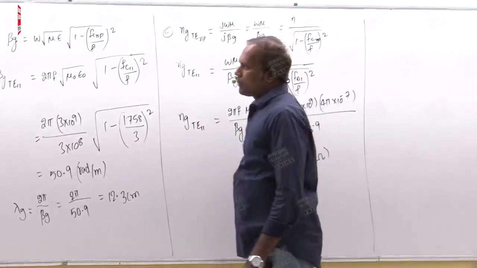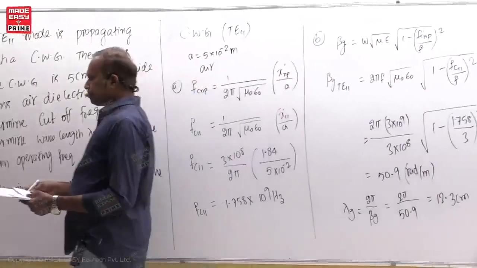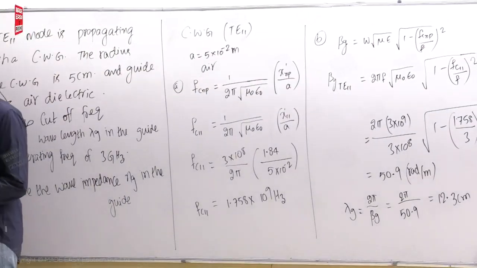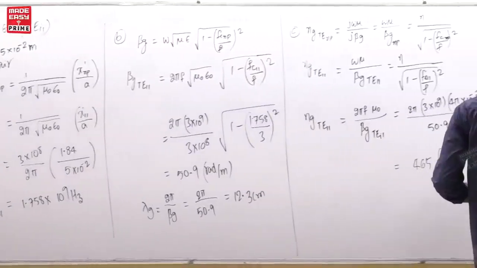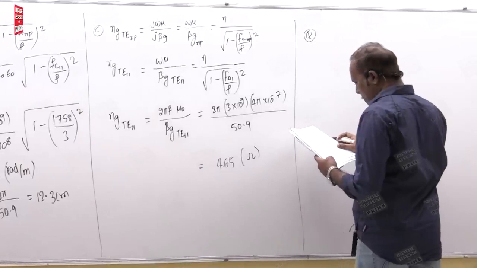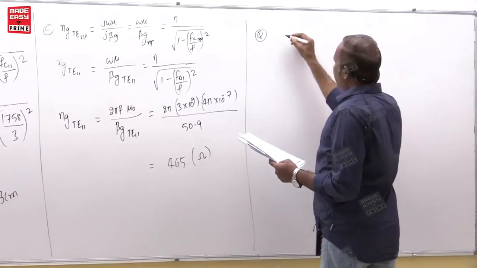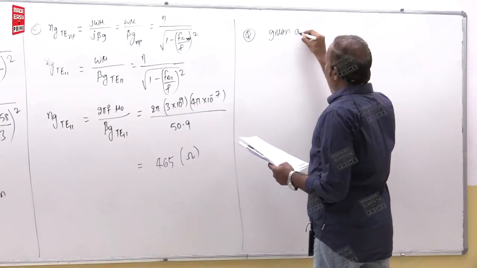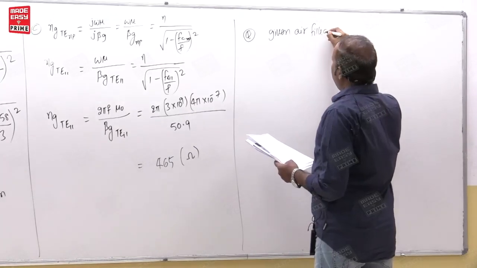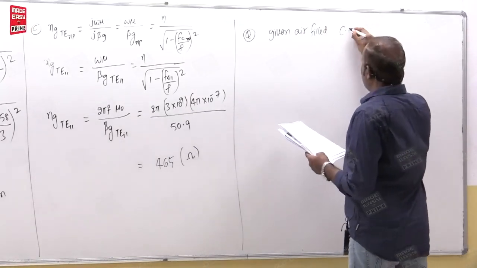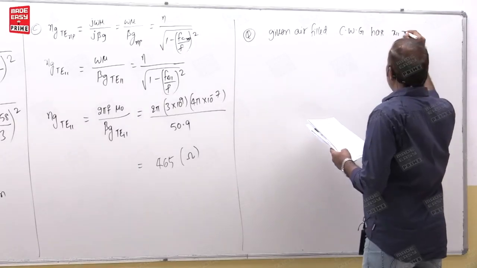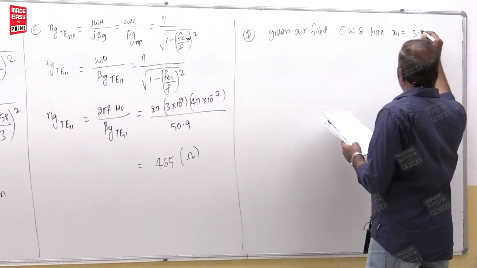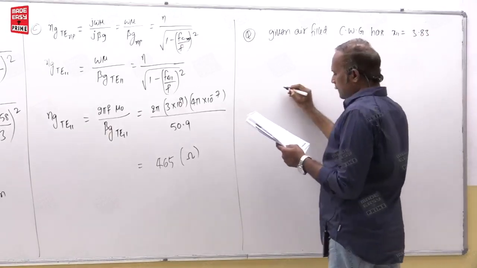We will solve one more question. Another question. Given: an air-filled circular waveguide has x11 equal to 3.83.